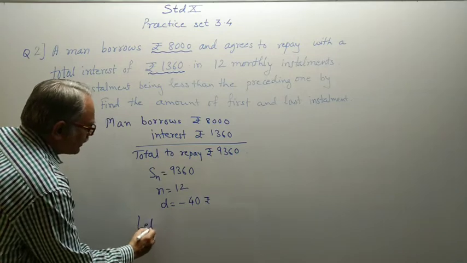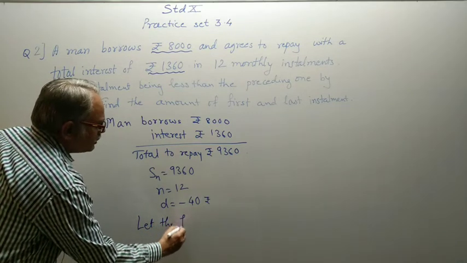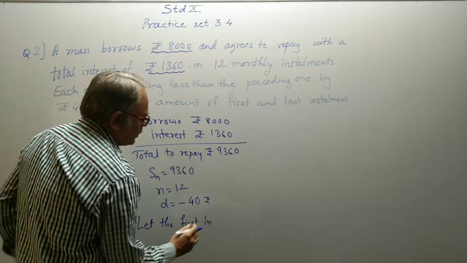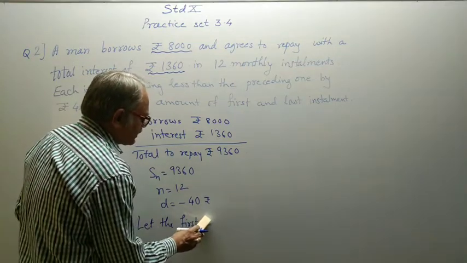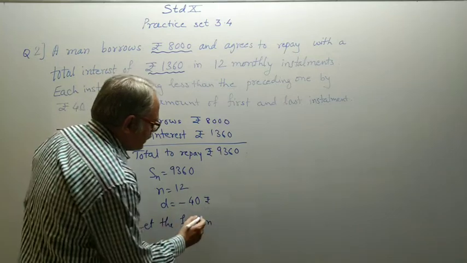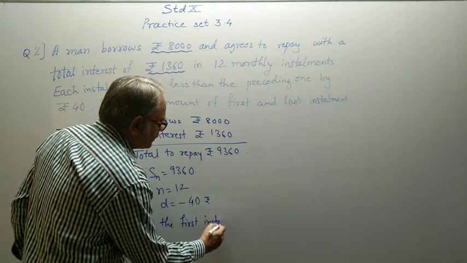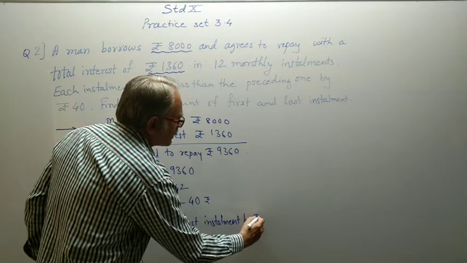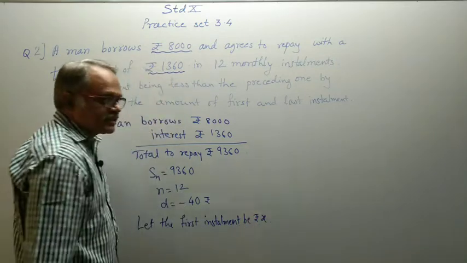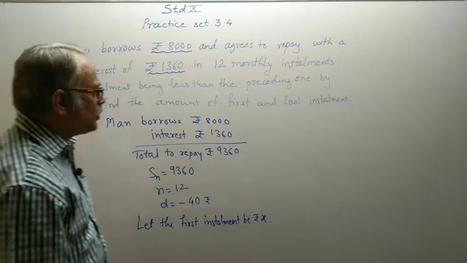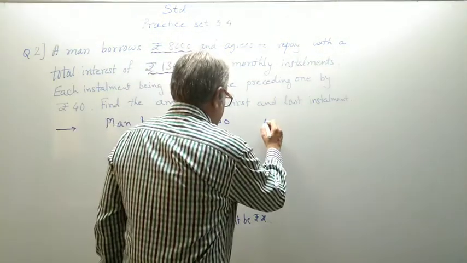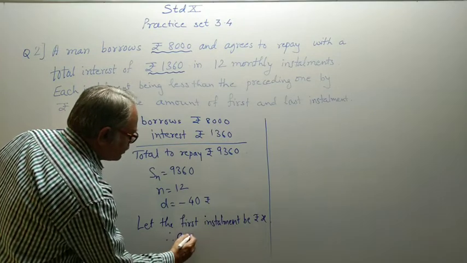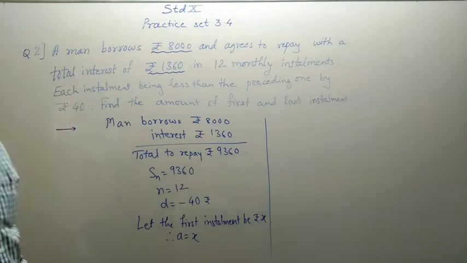Let the first installment be rupees X. So A is equal to X, first term.